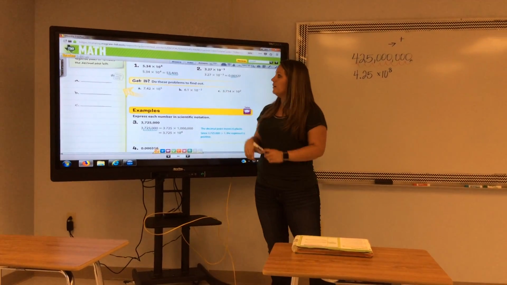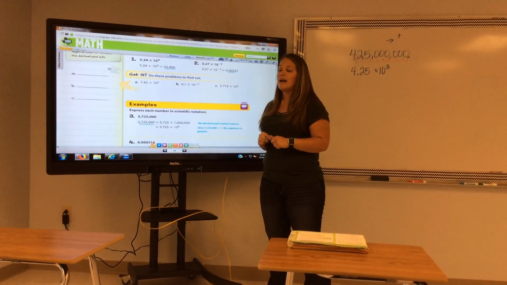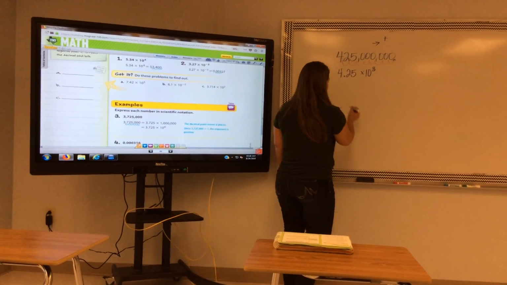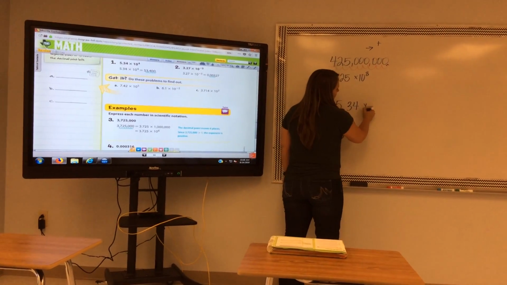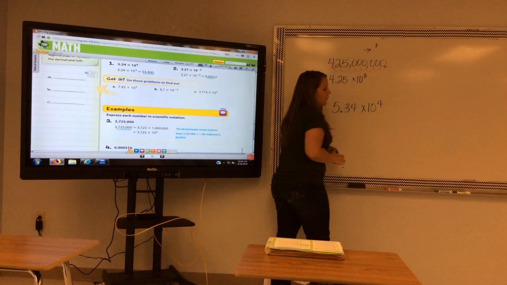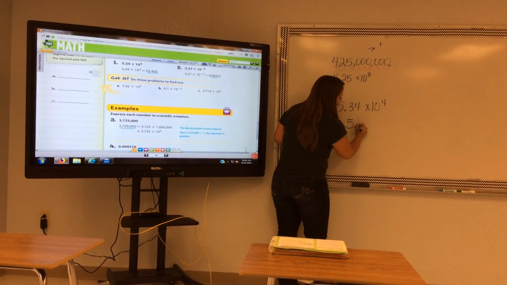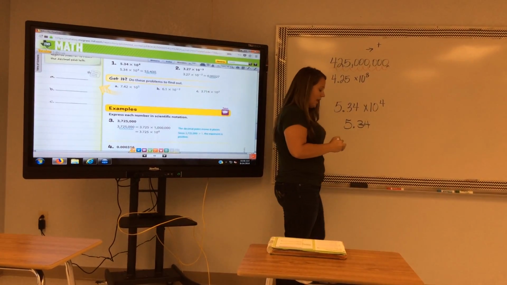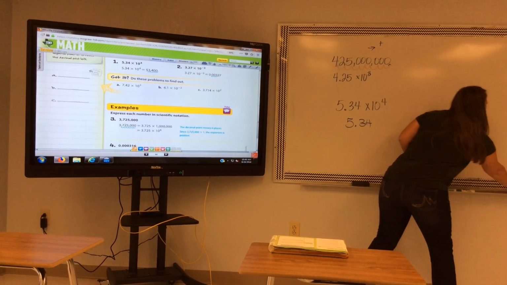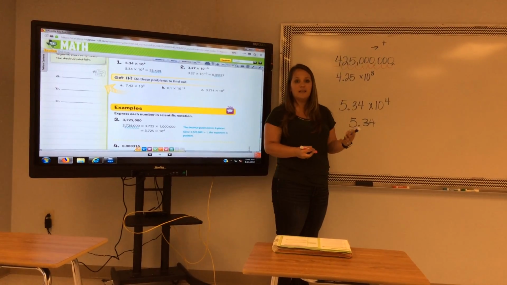Some examples here. Number 1 is 5 and 34/100 times 10 to the 4th power. Just rewrite that out. 5 and 34/100 times 10 to the 4th power. To show your work, you copy the first term, and then you move that decimal the number of times the exponent shows and in the direction that it tells you.